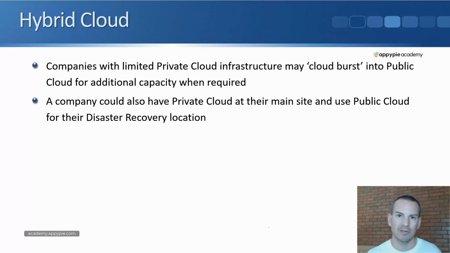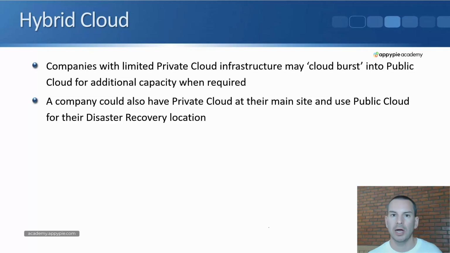I've only got so many servers. Now, a way that I could scale is by growing my own private cloud, but I would have to pay for the hardware for that, which would be expensive. A way that I can make it more cost effective is if I'm running out of capacity on my private cloud, then I can expand into a public cloud.